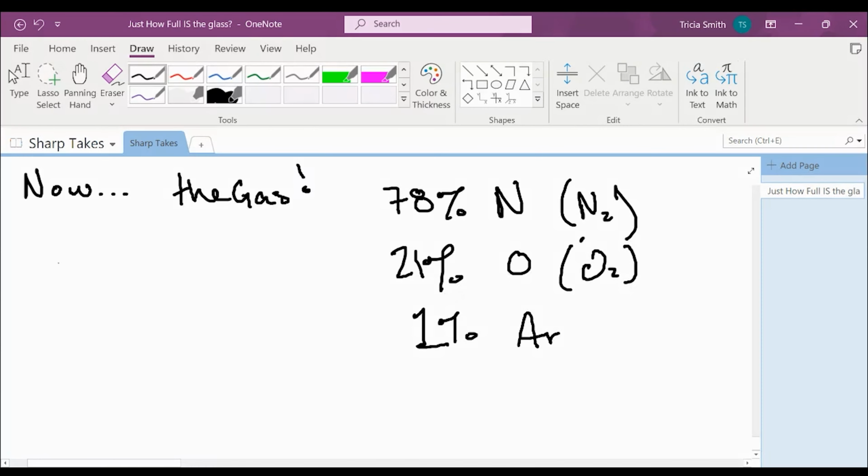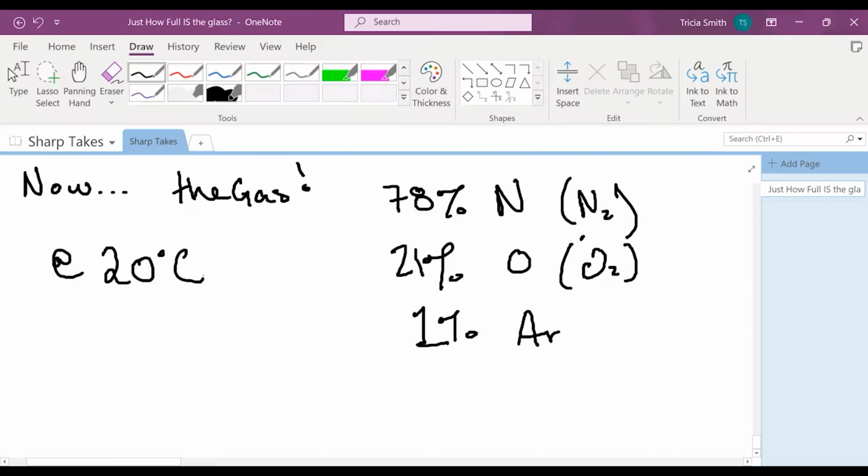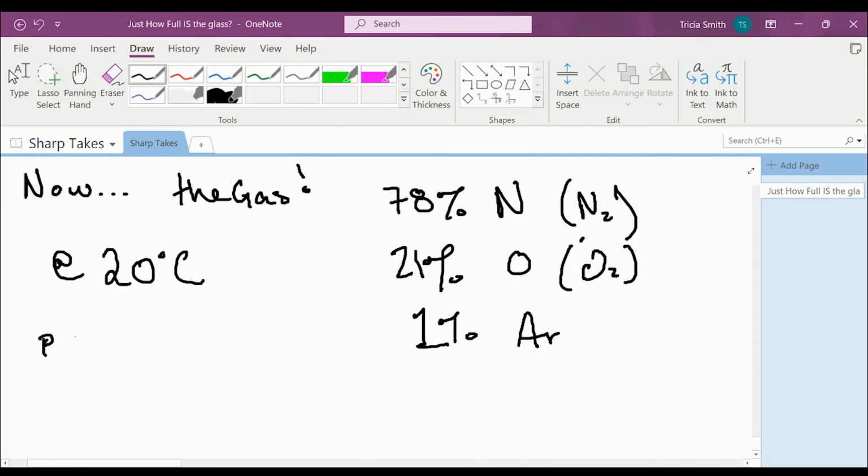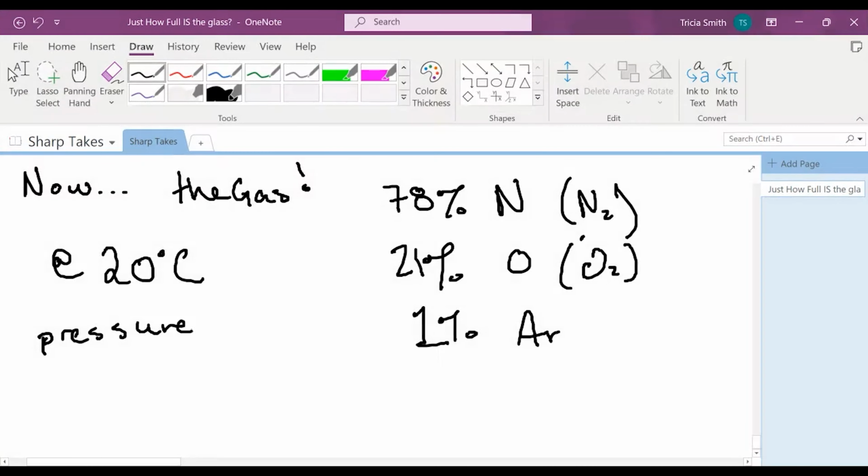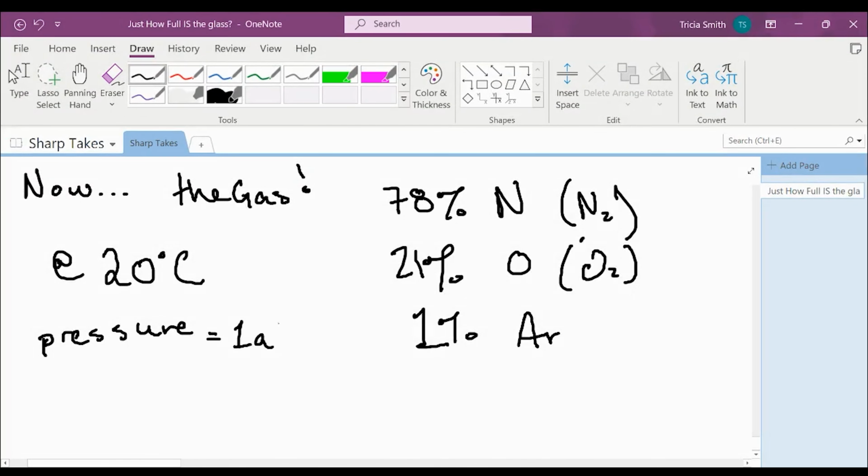Again, we're at a temperature of 20 degrees Celsius and a pressure of 1 atmosphere.